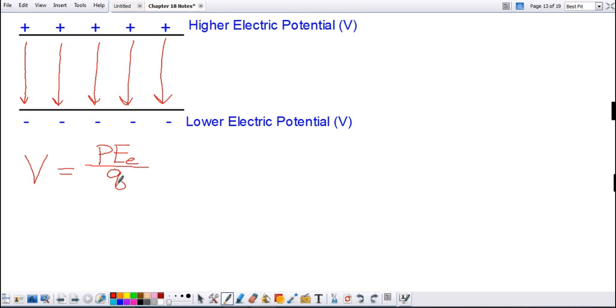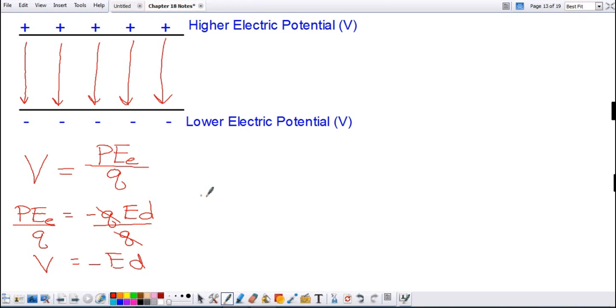And when we do this, we can go ahead and get a couple of equations because we had two equations for potential energy. One equation that we had for electrical potential energy was negative qEd. Well, if we take the charge away, we're going to be left with negative the electric field times the distance is equal to the electric potential.